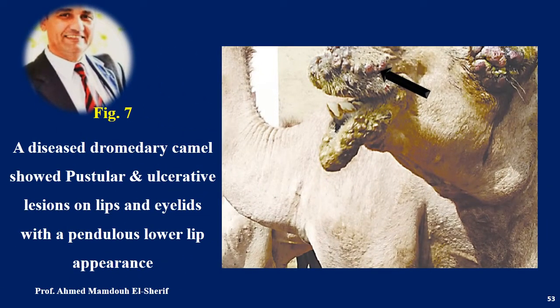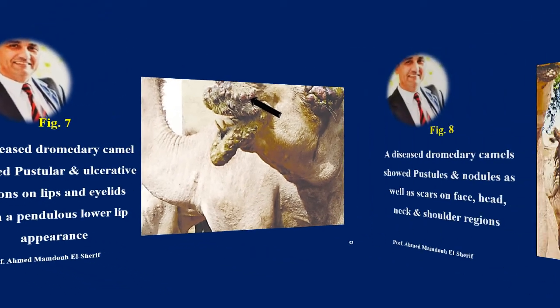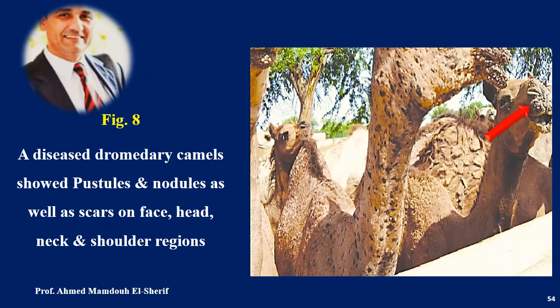This figure showed a deceased dromedary camel with pustular and ulcerative lesions on the lips and eyelids, with a pendulous lower lip appearance due to accumulation of the lesions. Figure number 8 shows deceased dromedary camels with pustules and nodules as well as scars on the face, head, neck and shoulder regions.